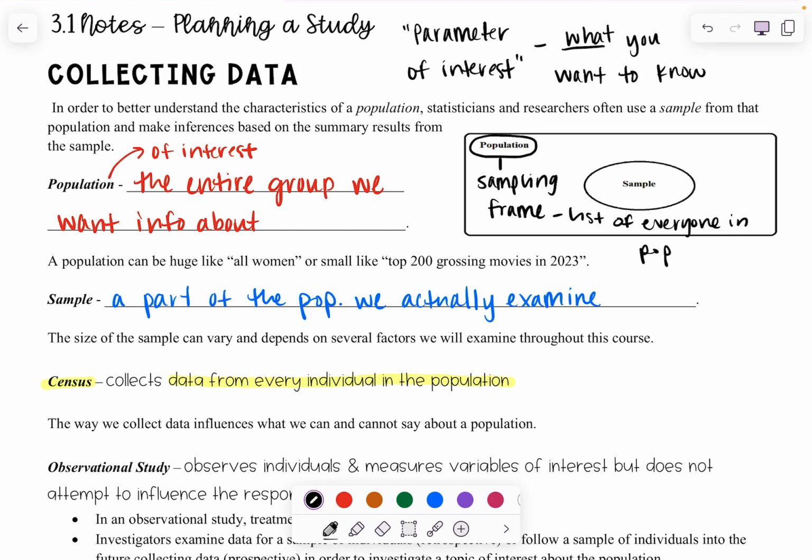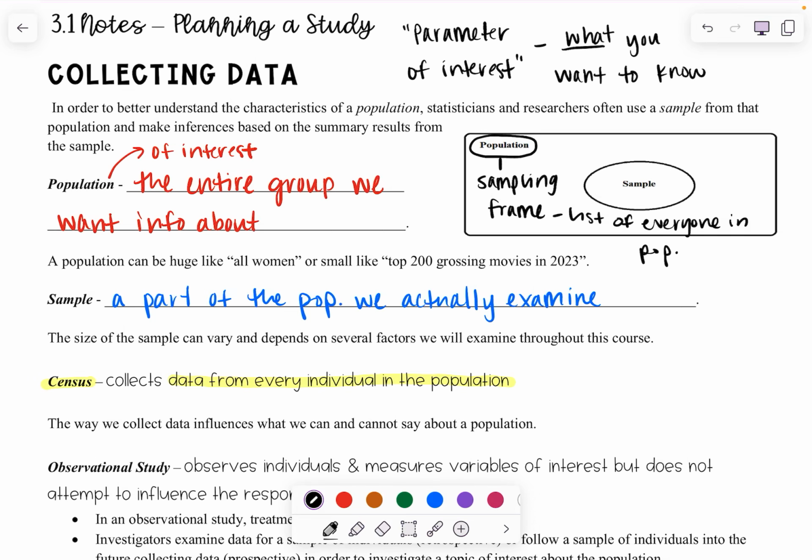If I wanted to break that down, again using my example of cafeteria food, if my population of interest is RHS students, my sampling frame could be a roster list of all student ID numbers. And then I could go in and use some sort of random process, either picking the numbers out of a hat or using a random number generator, and I can select 100 people from all RHS students.